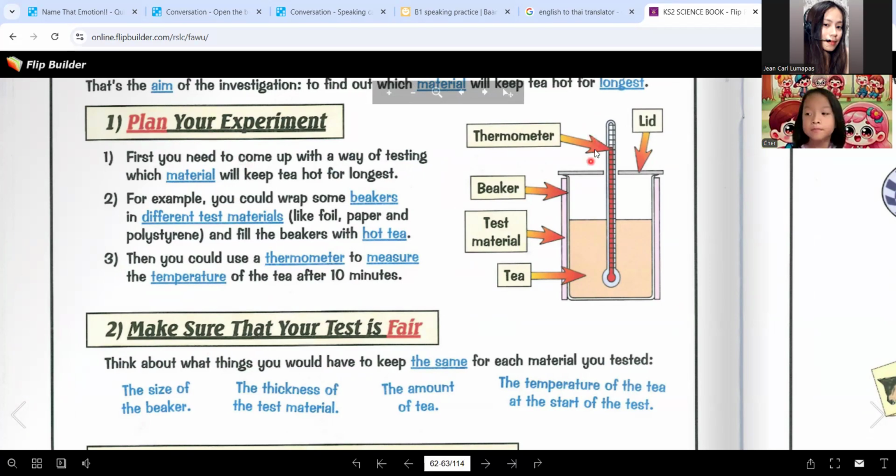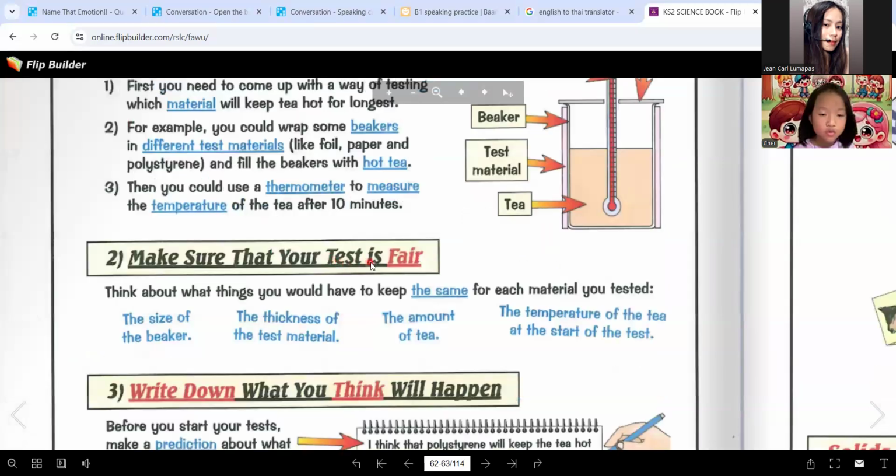Then number two, we need to make sure that the test is fair. Good.